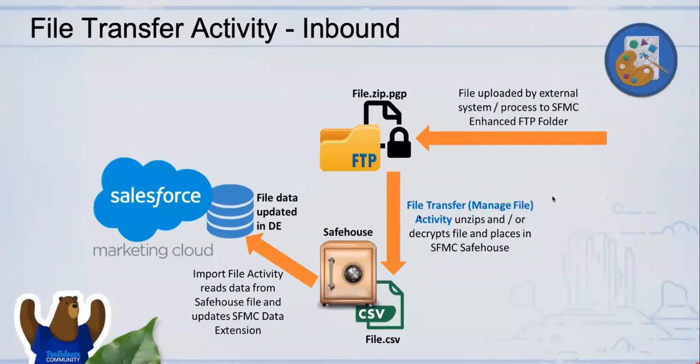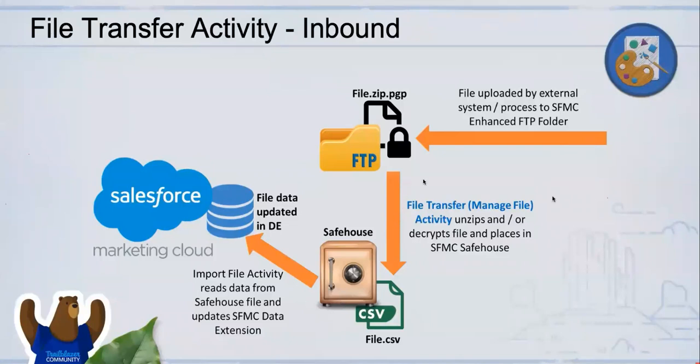You use the manage file option when it is an inbound data transfer. The first step to be performed is to unzip or decrypt the file and place this file into a safe house. As I mentioned earlier, safe house is sort of an internal file or data storage location for Marketing Cloud, which generally is not accessed directly, right?